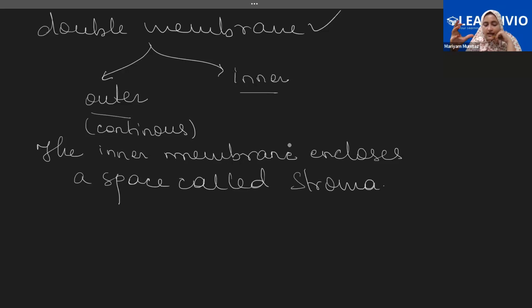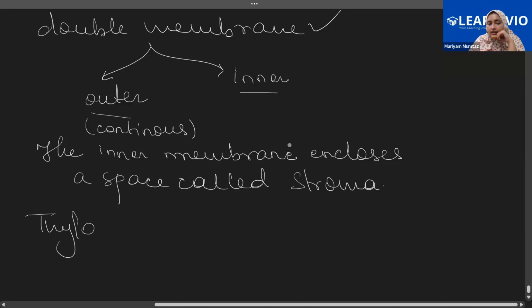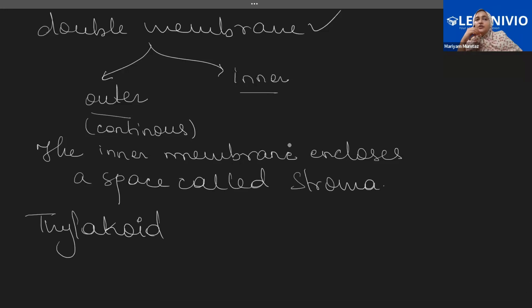Now this stroma contains multiple coin-like structures that are known as thylakoids. So thylakoids, this is very important. Mostly the chloroplast, many a times you'll find questions like write short notes on chloroplast. So chloroplast is very, very important. Inside the stroma, thylakoids are present.